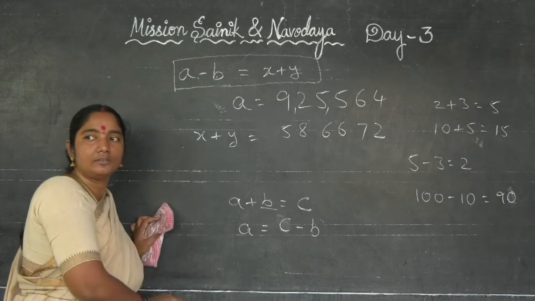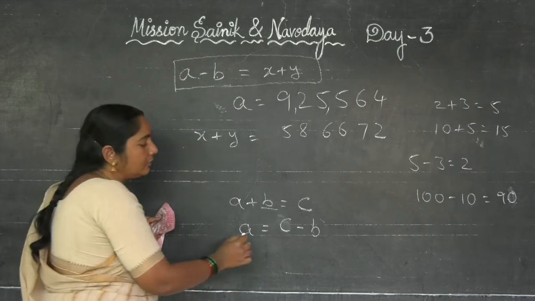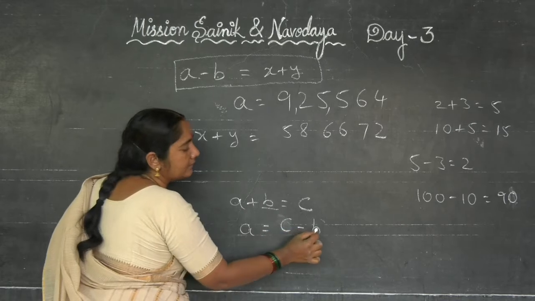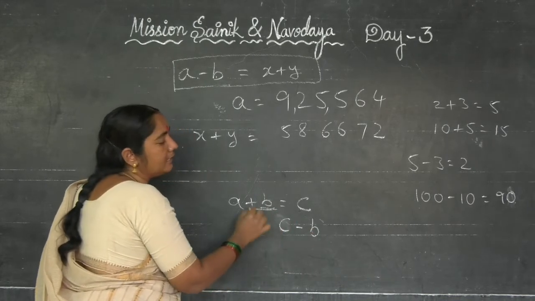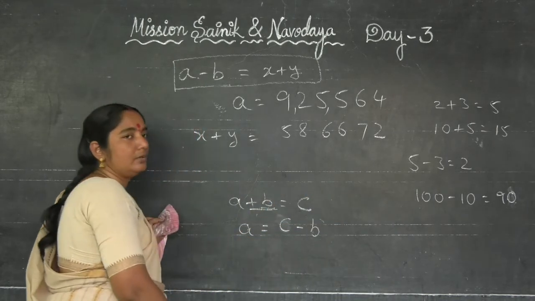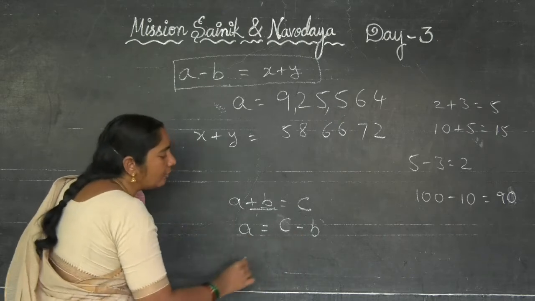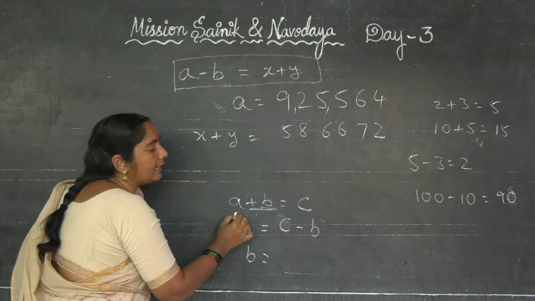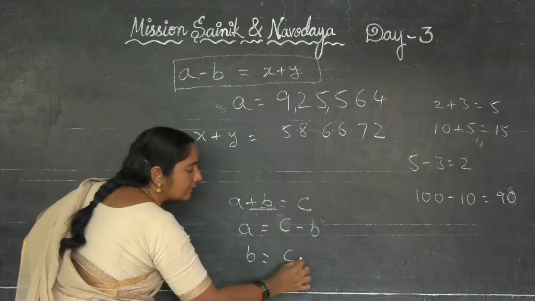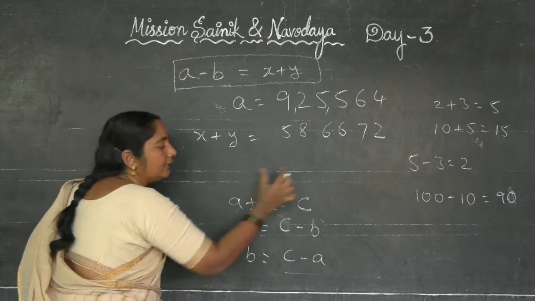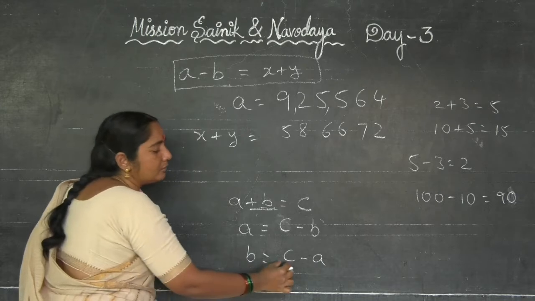Please try to understand. Understood? So a is equal to c minus b. When this plus b is taken to that side of the equal sign, it becomes minus. Now you can ask me, madam, can I take a also to that side? Yes, why not? If you take a to that side, b becomes equal to c minus a.